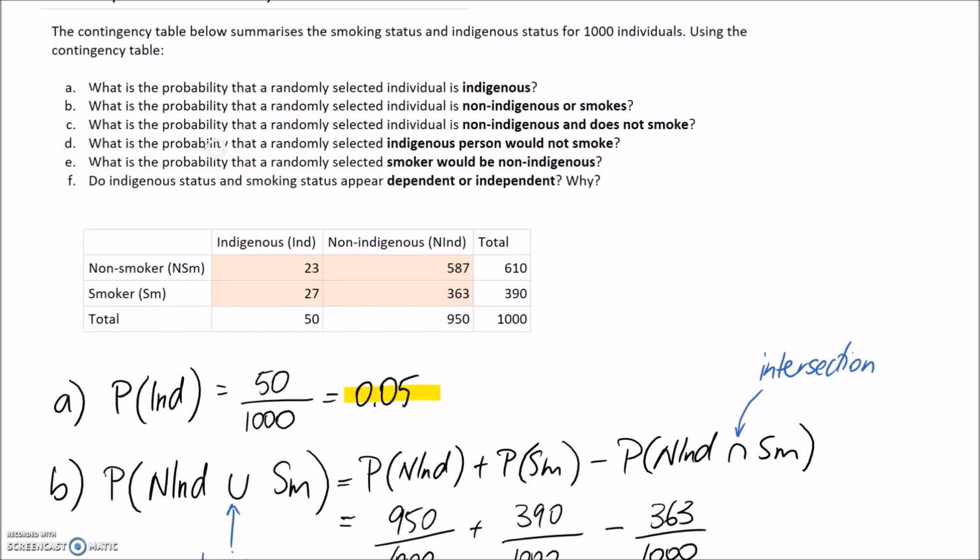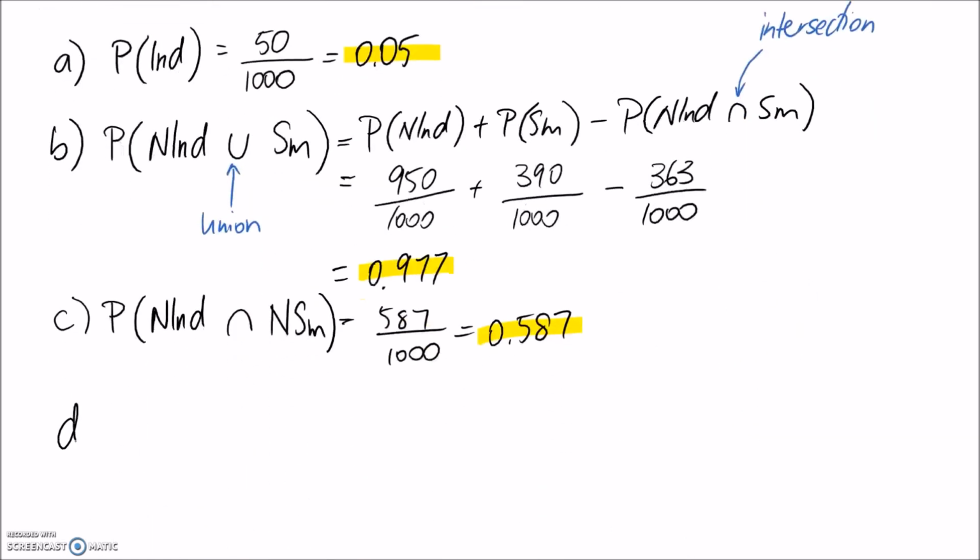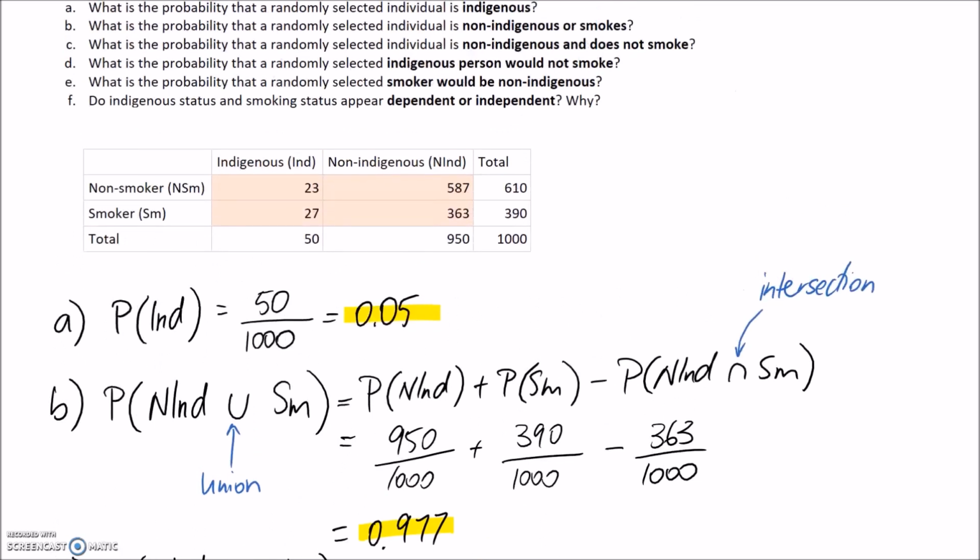Alright, part D. What is the probability that a randomly selected indigenous person would not smoke? So this one is becoming a conditional probability. So remember that conditional probability, we write it out like this. So it's the probability of event A conditional on event B. So in our case, we're looking for a randomly selected indigenous person would not smoke.